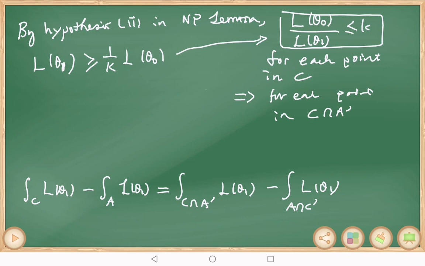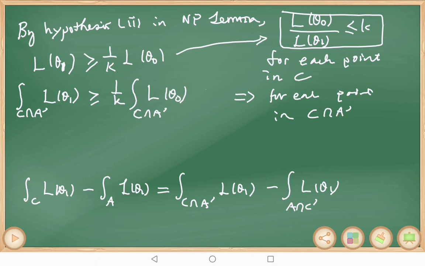Therefore, I will take the integral over C intersect A prime of the likelihood under the alternative. You basically integrate both sides with respect to the region C intersect A prime, A complement, of L theta naught.